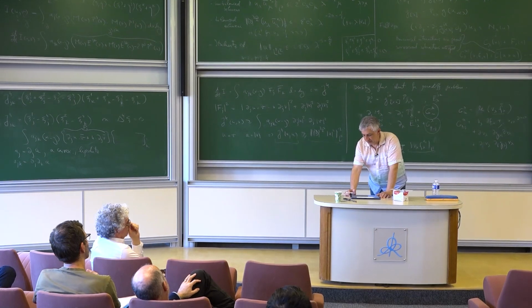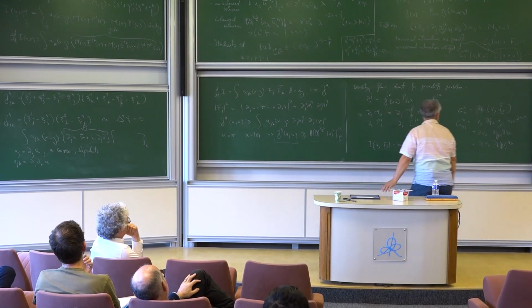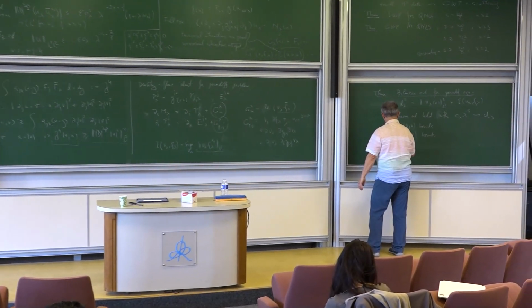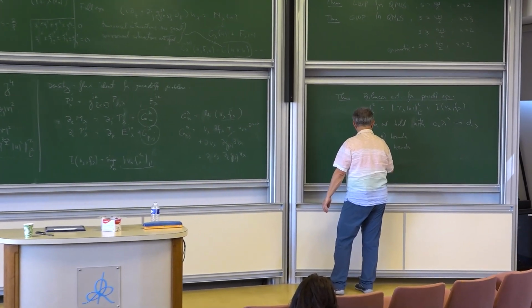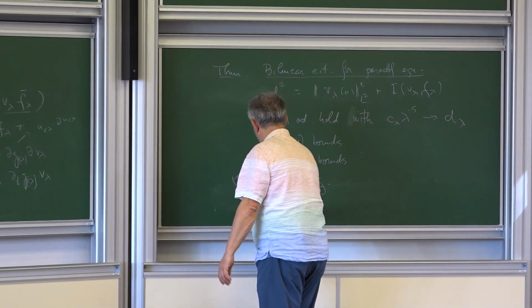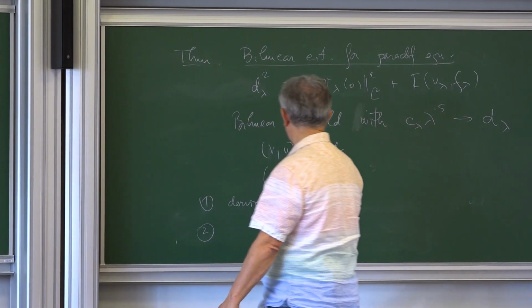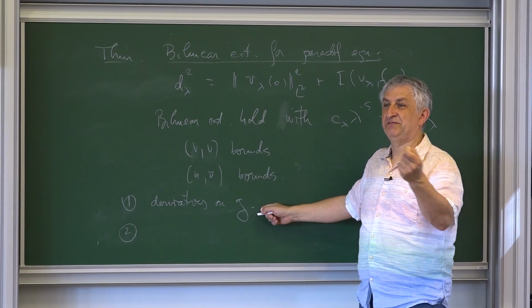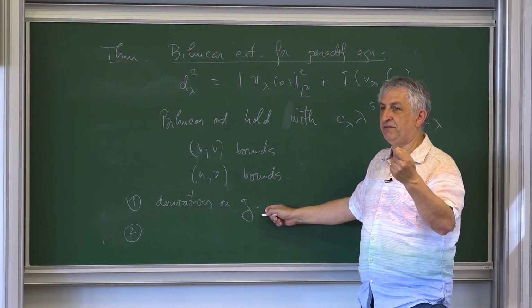And the worst thing that could happen, actually, is that you have two different metrics. So one, you could have derivatives on G. And two, you could have copies of G, copies perhaps of different G's evaluated at different points.